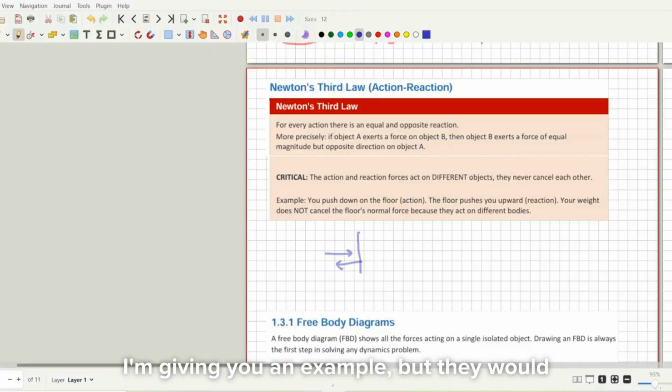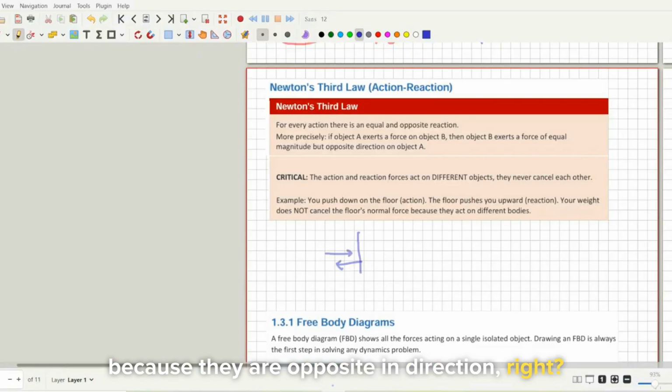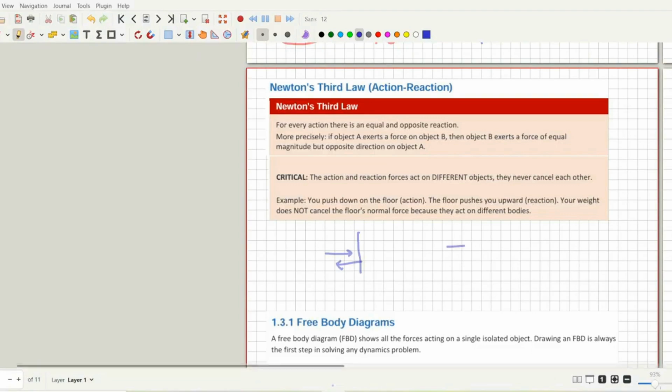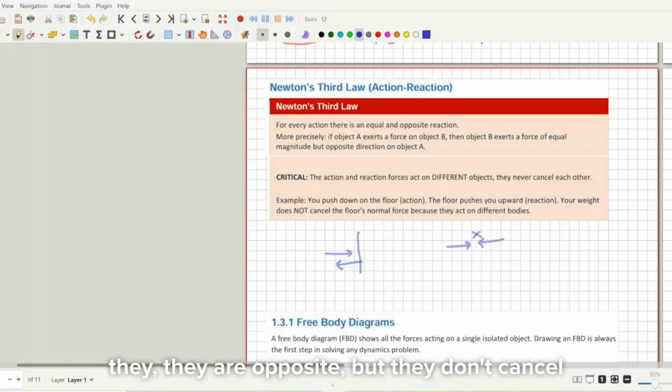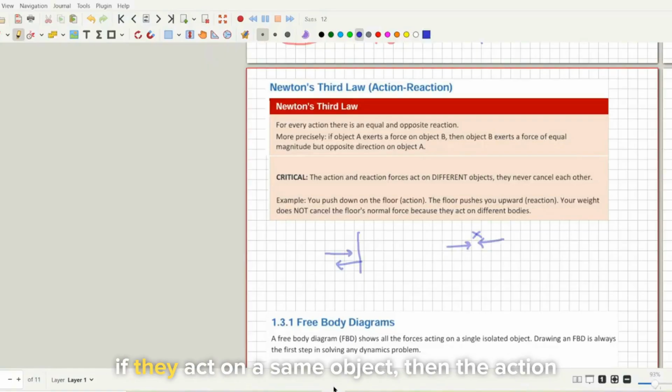I'm giving you an example, but they would never ever cancel out each other, because they are opposite in direction, but they don't cancel out. Why is that? Because they are acting on different objects. If they acted on the same object, then the action and reaction would cancel out each other. That is what I'm trying to say.